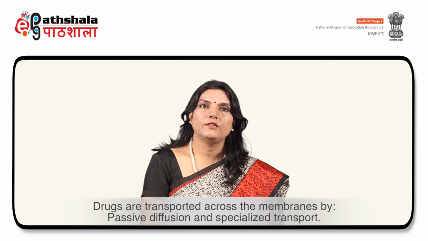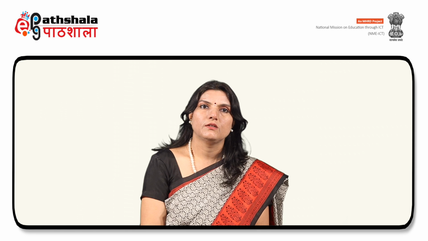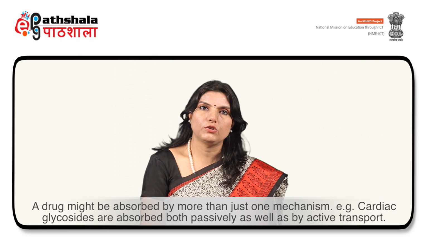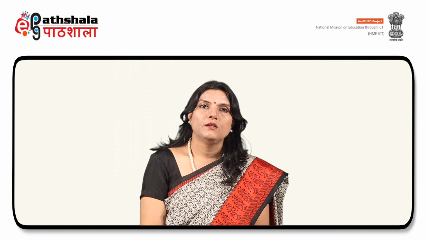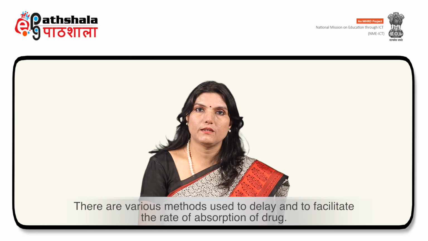Drugs are transported across the membrane by passive diffusion and by specialized transport. A drug might be absorbed by more than just one mechanism. For example, cardiac glycosides are absorbed both passively as well as by active transport. The transport mechanism also depends upon the site of drug administration. There are various methods which are used to delay and to facilitate the rate of absorption of drugs.